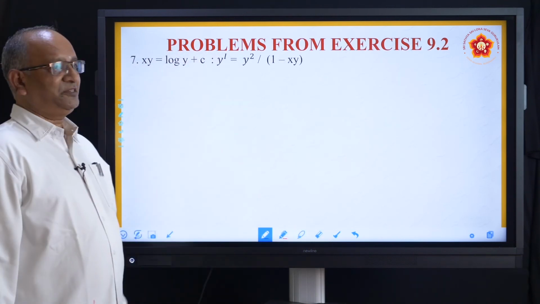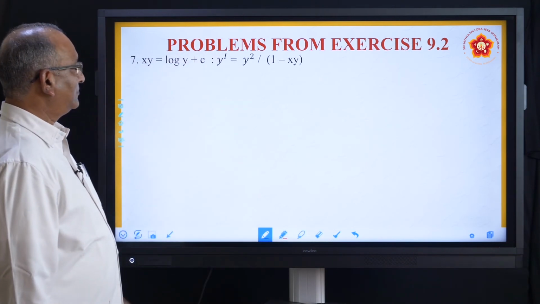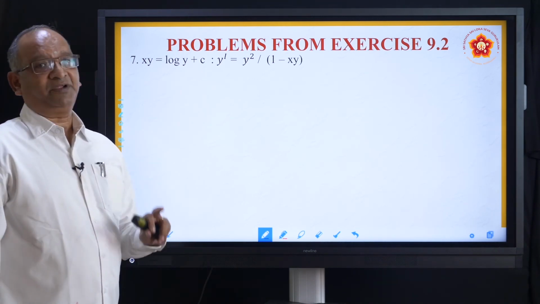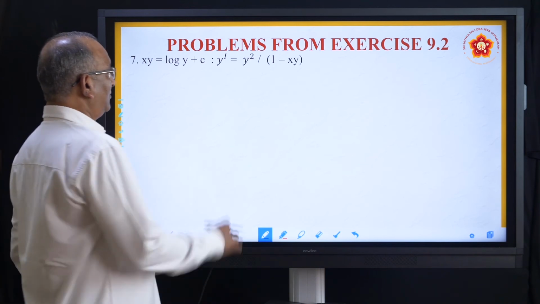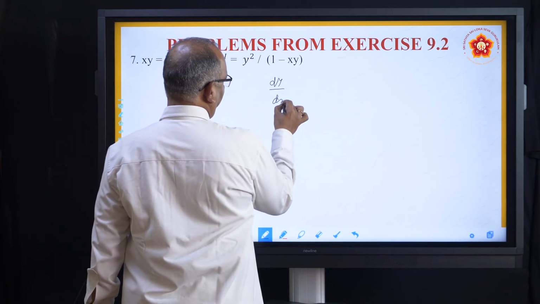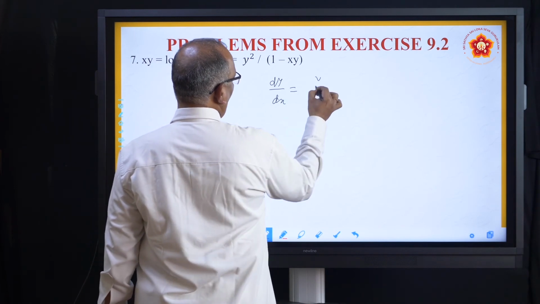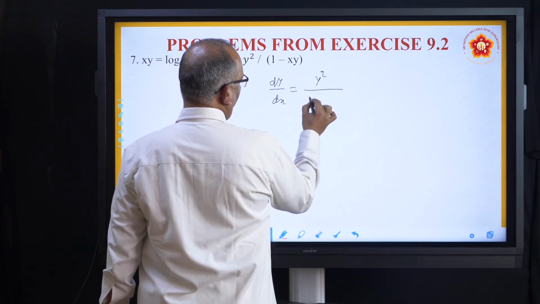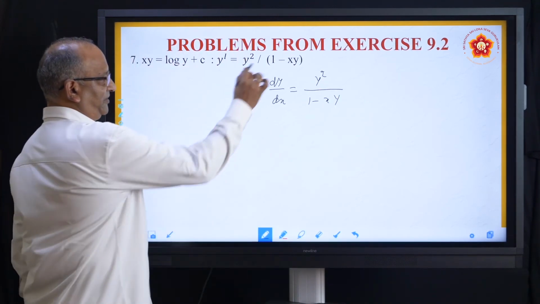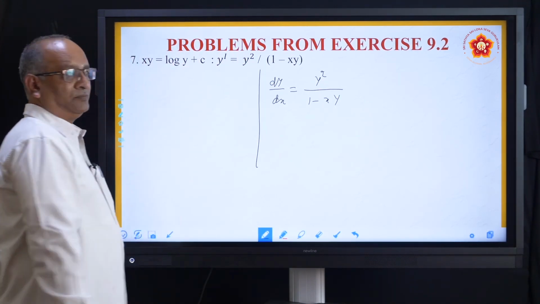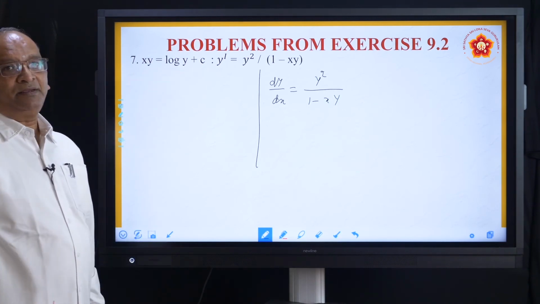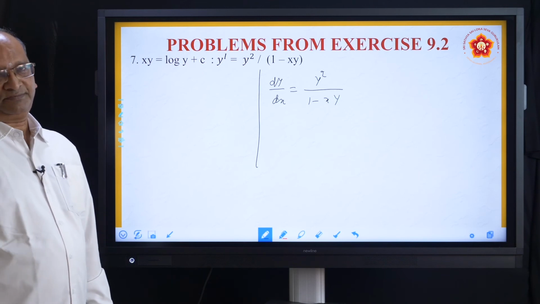Yes, come to the 7th problem. First write down the equation. y dash, which is dy by dx, equal to y square upon 1 minus xy. This is the equation. And he says xy equal to log y plus c is the solution.